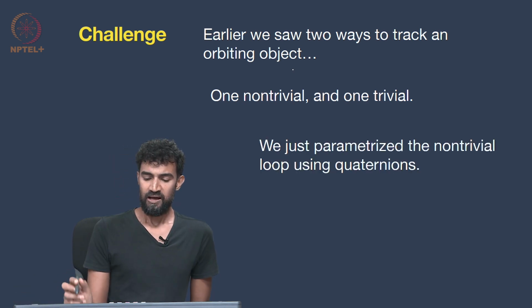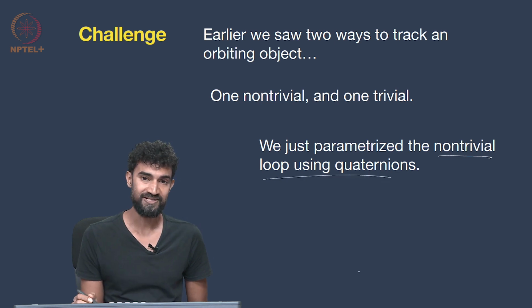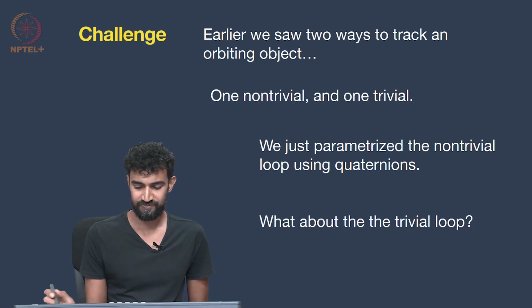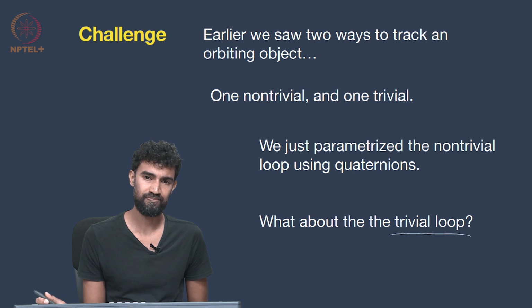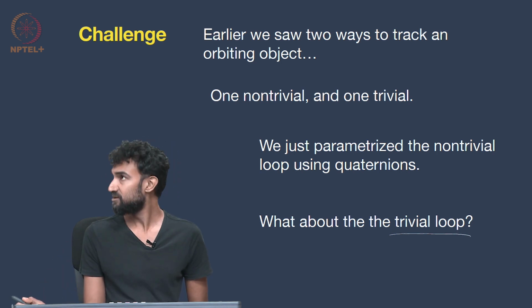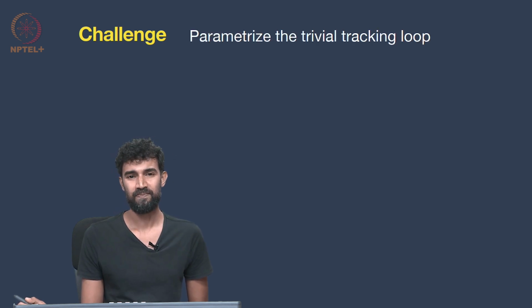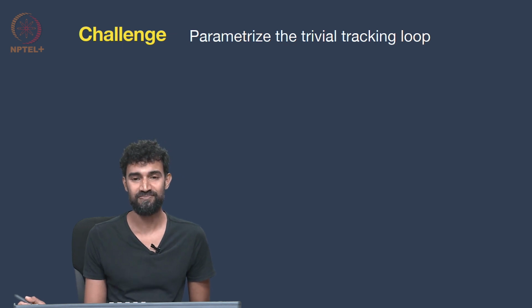So we just parameterized the non-trivial loop using quaternions. But what about the trivial loop? It's just this loop. Can we parameterize the trivial tracking loop?